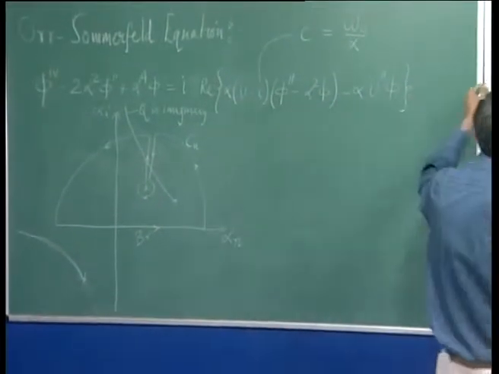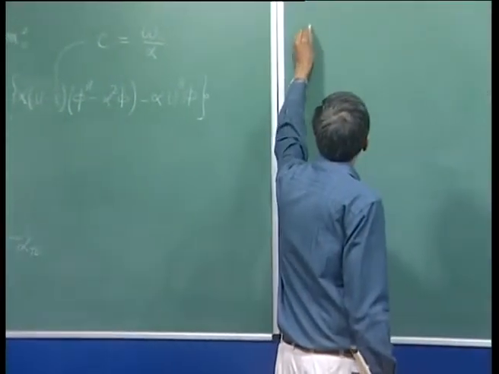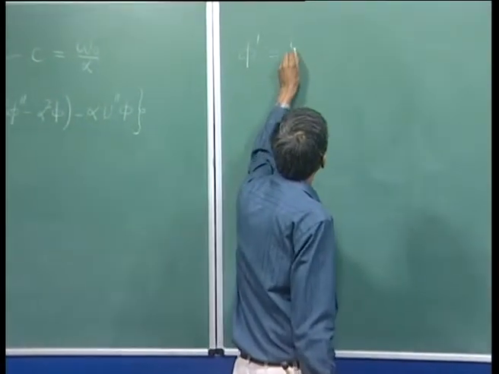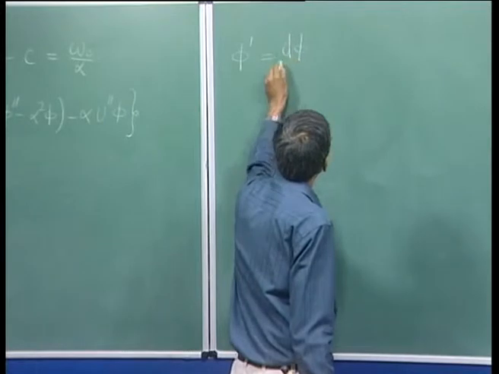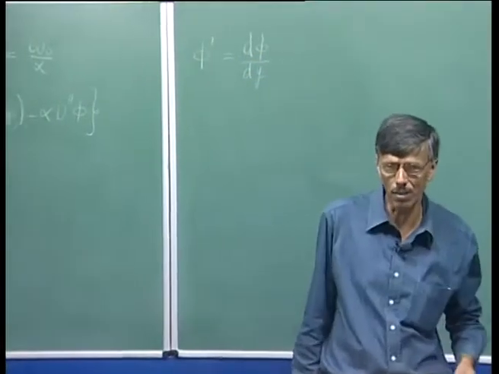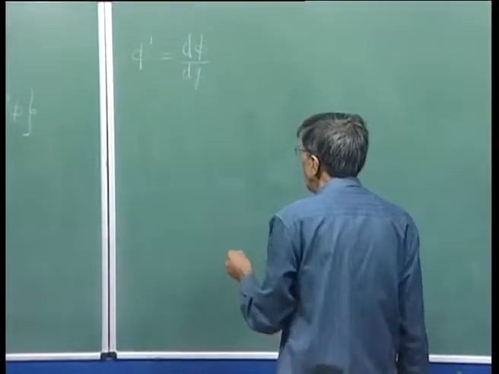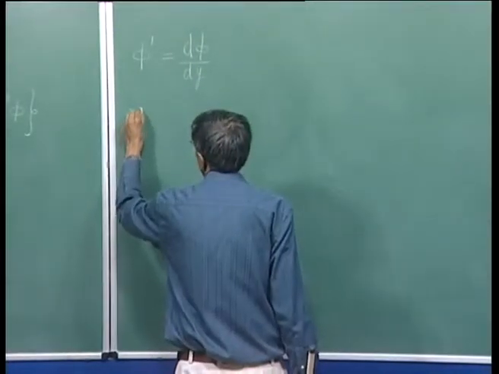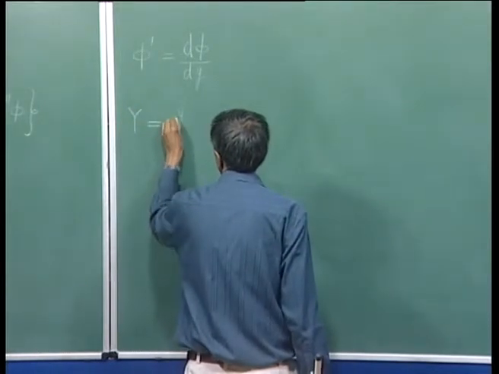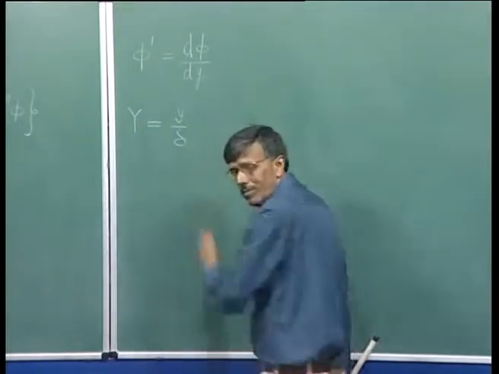So, we introduce this. Then you know all those terms that we have here. Let us say, for example, when I write phi prime, what I mean is d phi by dy, the physical variable. Now, what I want to do is introduce a new independent variable. This is y over delta.